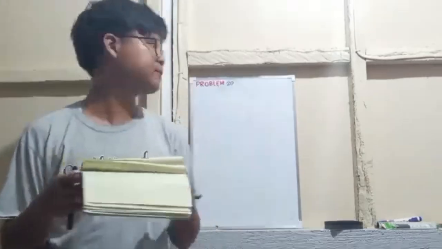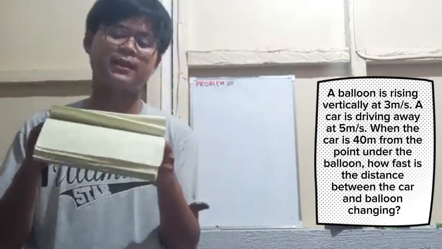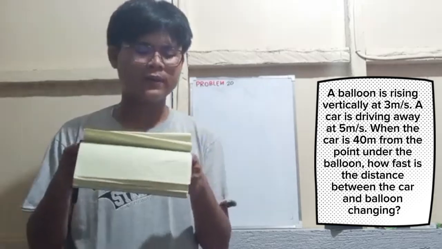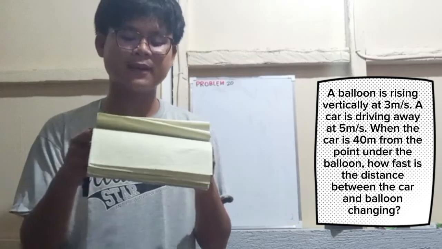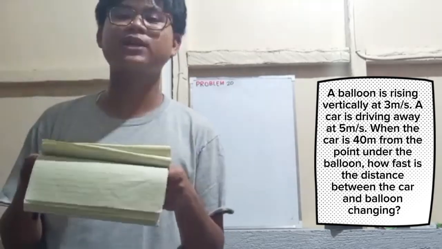So we'll proceed to problem 20. A balloon is rising vertically at 3 meters per second. A car is driving away at 5 meters per second. When the car is 40 meters from the point under the balloon, how fast is the distance between the car and the balloon changing?